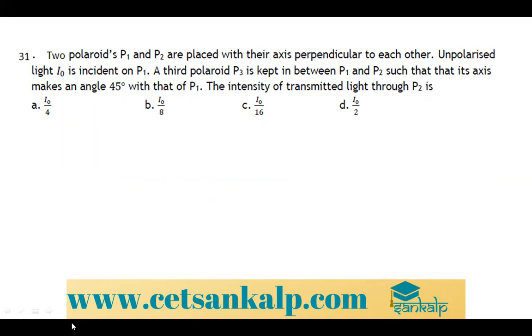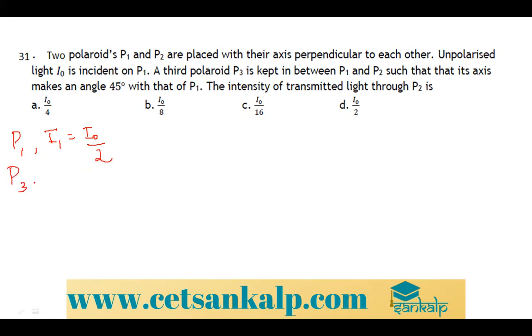So first take P1. The intensity of transmitted light through P1 is I1 is equal to I0 by 2. Now P3 has been placed.